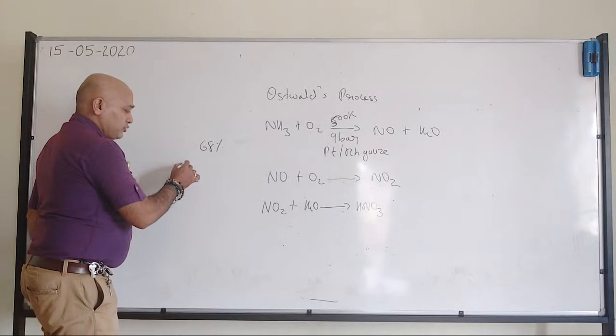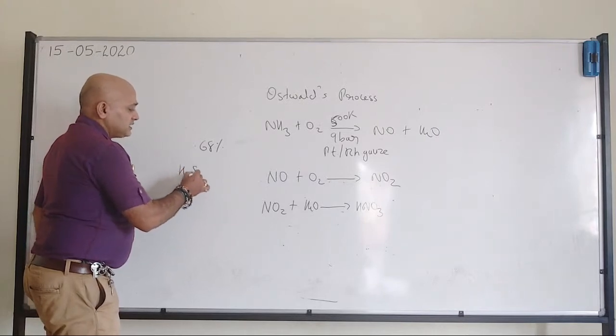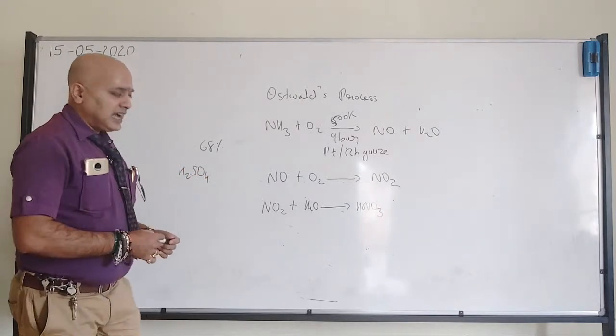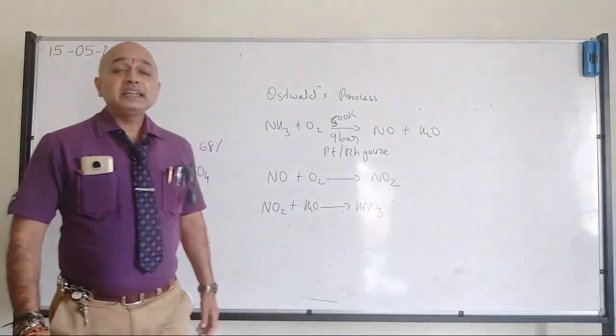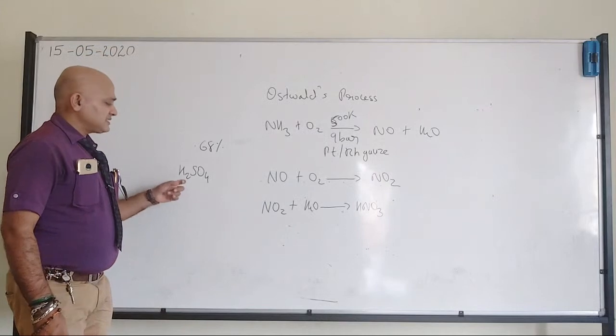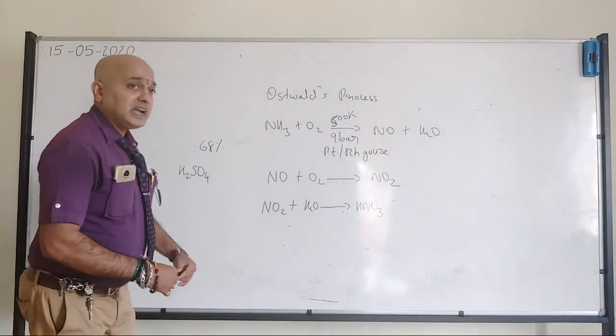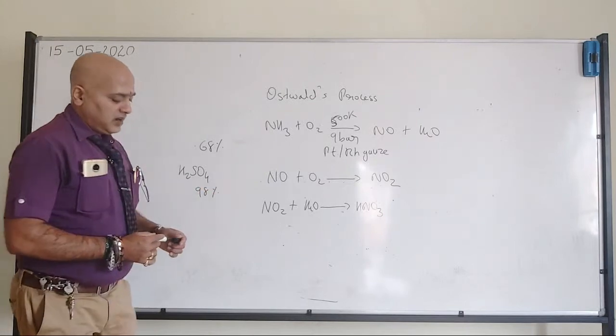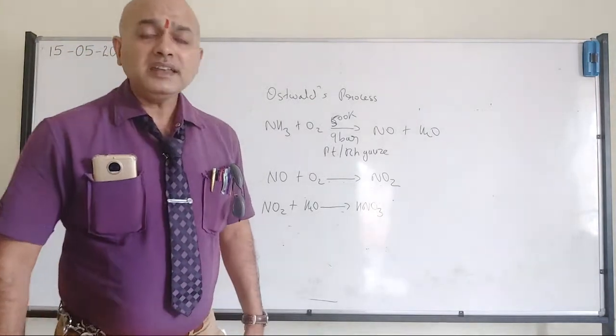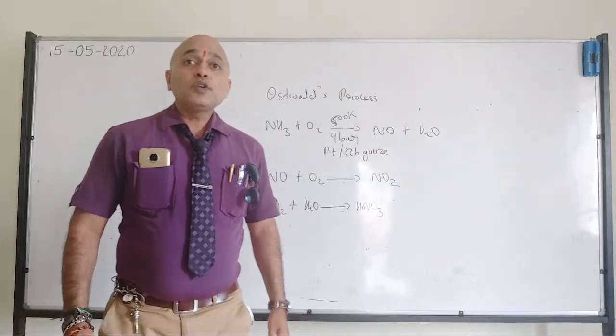To increase the concentration, the reaction at the end has to be passed through sulfuric acid, or it should be done in the presence of sulfuric acid, which is a very good dehydrating agent. So there we can go up to 98% of HNO3. Fine. So that's where we have Ostwald's process.